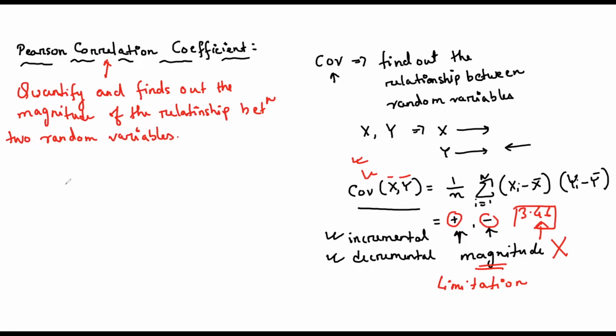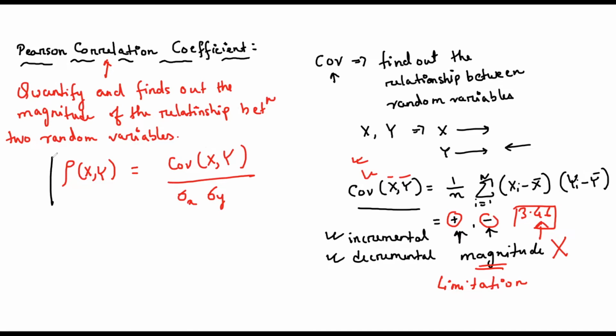And what is the formula to calculate Pearson's correlation coefficient? It is denoted this way. The Pearson correlation coefficient of x and y is nothing but the covariance of x and y divided by the standard deviation of x and the standard deviation of y. This is the formula, guys.